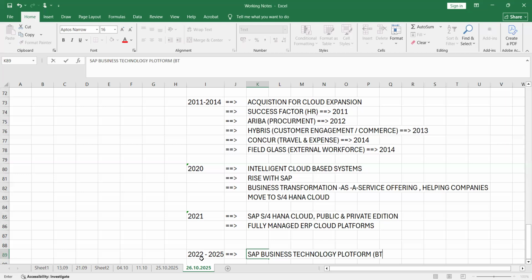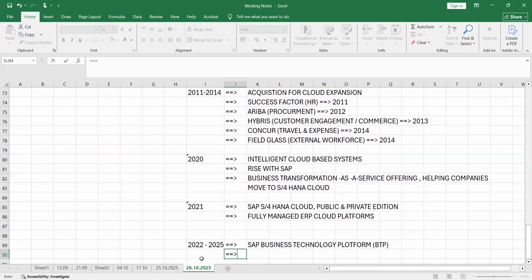What exactly is BTP? It is a unified platform combining different databases, analytics, AI (artificial intelligence), and app development.